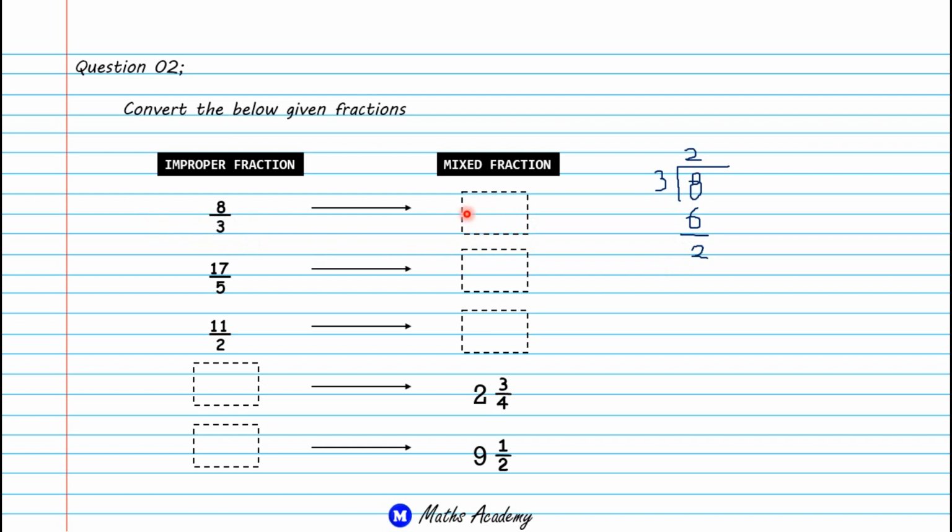It doesn't change, whether you convert improper fraction to mixed fraction or mixed fraction to improper fraction. So with that, let's do this. Same way if you do the other one.